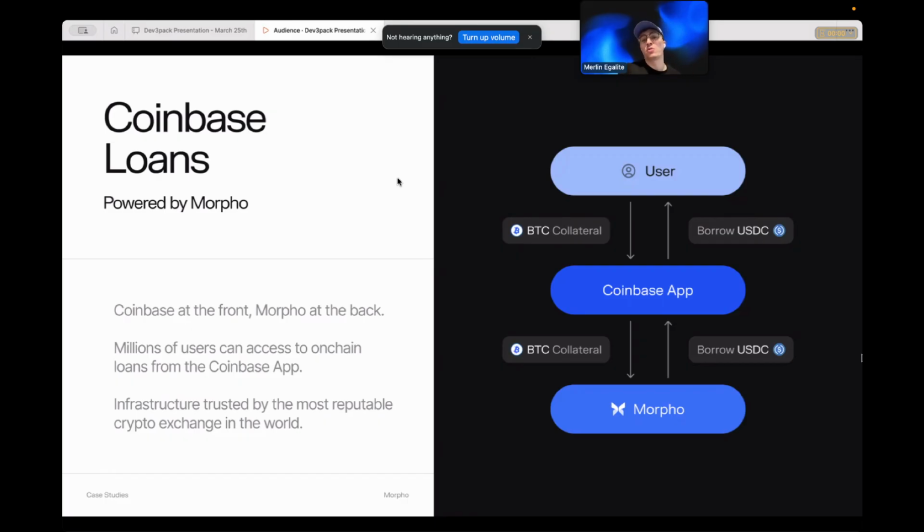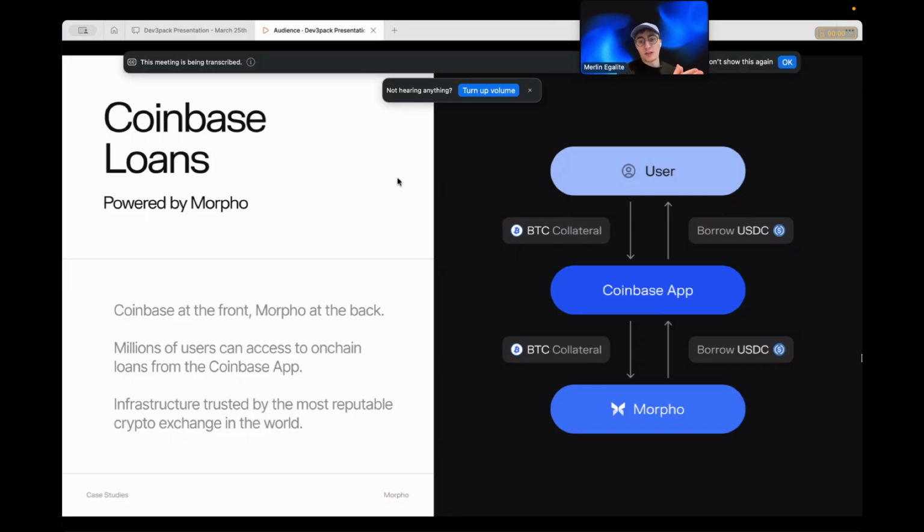With a smart wallet, what you can do is batch many actions together and send this batch in one go, executing one transaction. So it makes things super efficient and less gas costly. So they have that smart wallet which enables the capacity to, for instance, deposit BTC as collateral on Morpho, borrow USDC, and then send those USDC directly back to the centralized Coinbase account of the user.